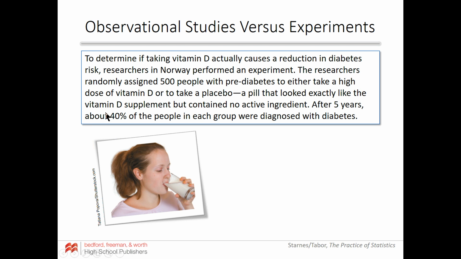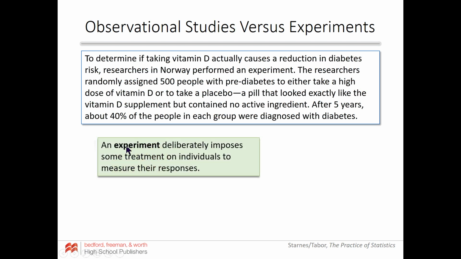So in other words, if the vitamin D was like a white pill, the placebo would look exactly like that. It would be the same exact white pill, but it would just be like a sugar pill or whatever. Maybe not a sugar pill, but whatever. It wouldn't contain any active ingredients. So after 5 years, about 40% of the people in each group were diagnosed with diabetes.